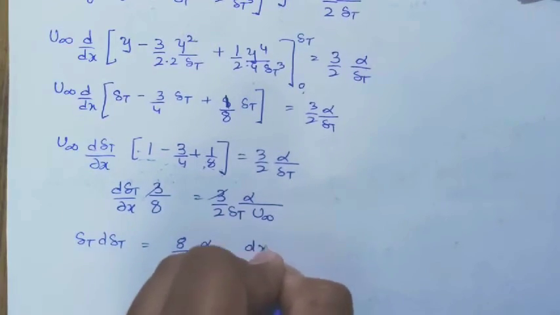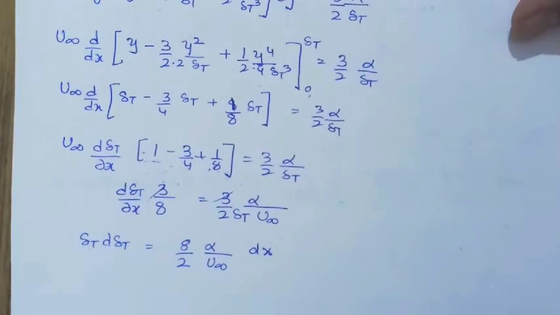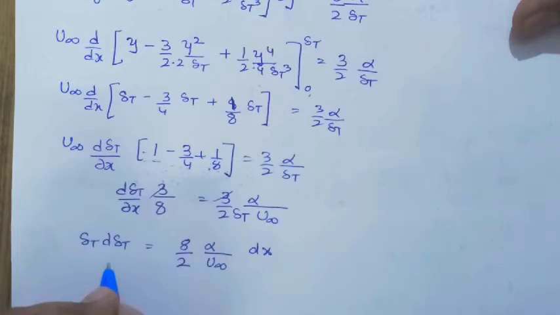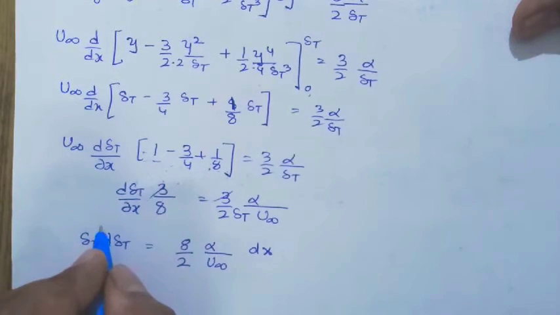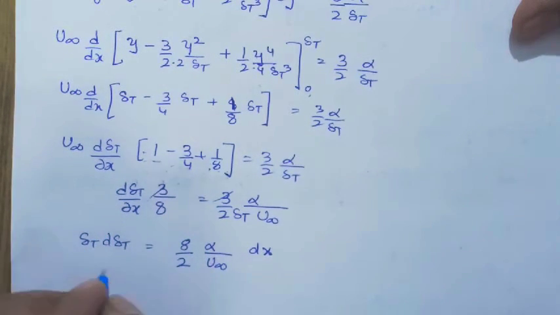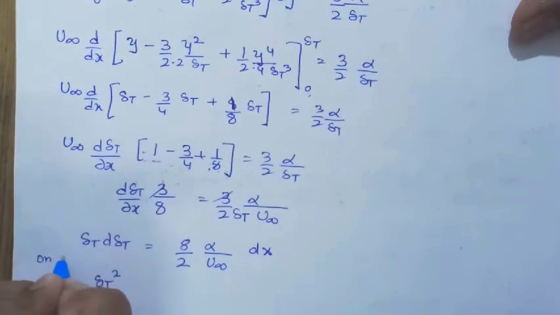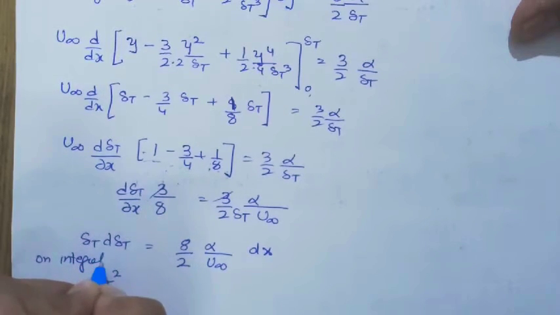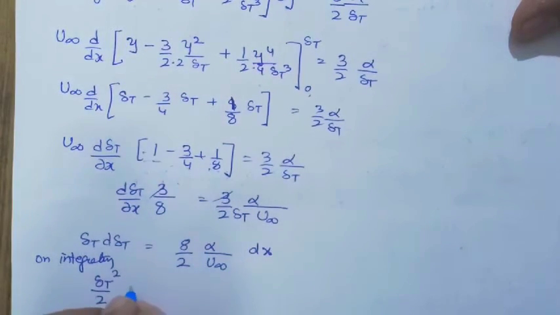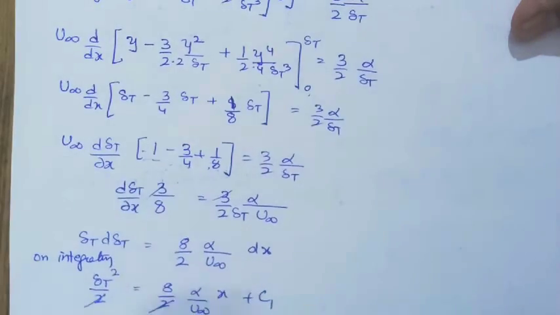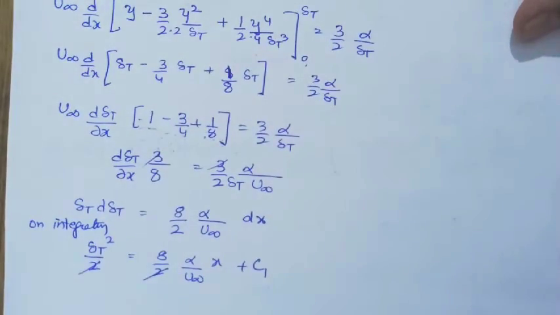this into dx, right? And again if I integrate it, so I'll get, on integrating, plus c1. So this 2 cancels, right?